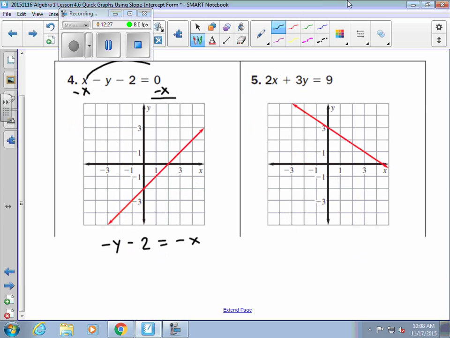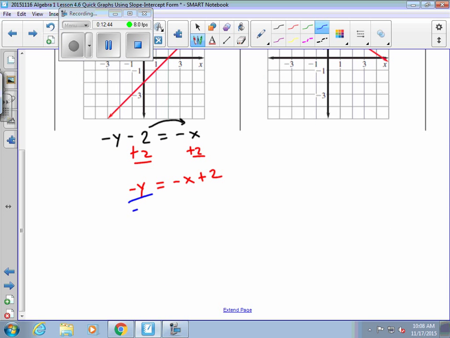Then to get y by itself, you need to move over negative 2 by adding 2. If you add it to the right, add it to the left, that leaves you with negative y equals negative x plus 2. And one more thing you need to do to get y by itself, you divide by negative 1, since that is negative 1 times y.